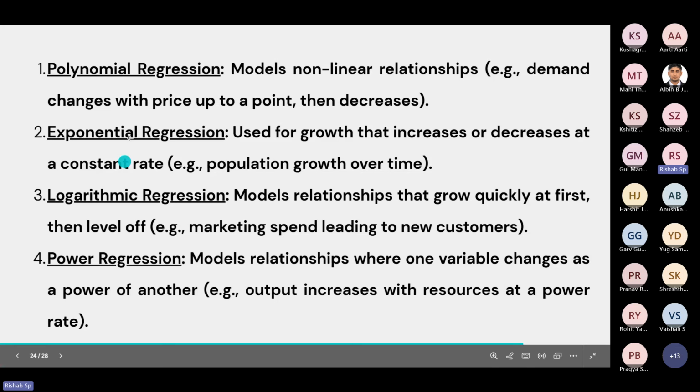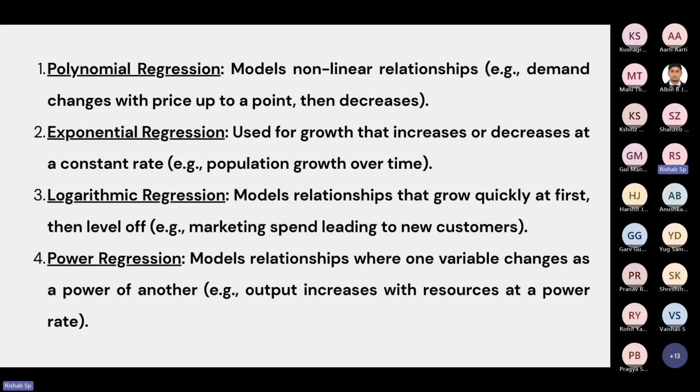You just be aware of these 4. There can be questions like what is polynomial regression, or select the odd one, or select the option from the list which is not a non-linear regression. So you just be aware of these 4 things. There is polynomial regression, where we use a quadratic or cubic formula.